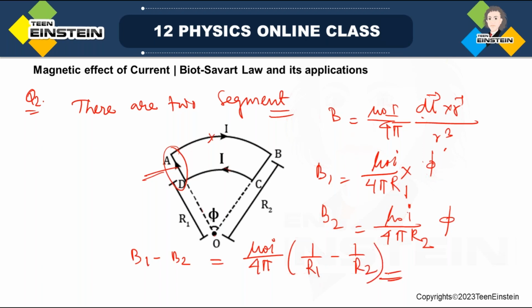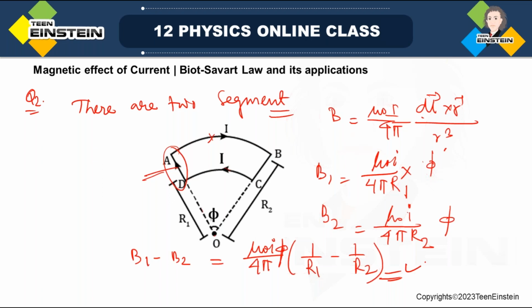Okay, so this is mu 0 I. Phi also will be there. Mu 0 I phi, where phi is the angle, divided by 4 pi, then this one.